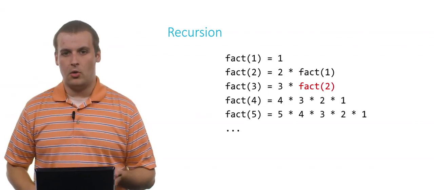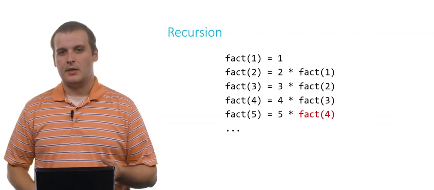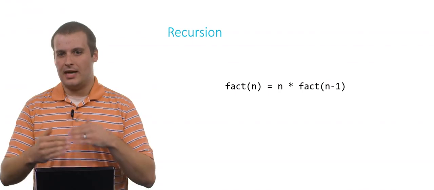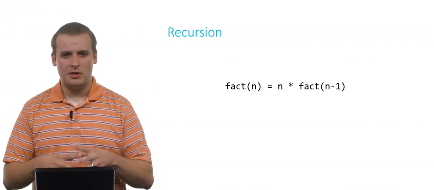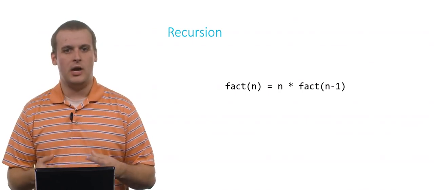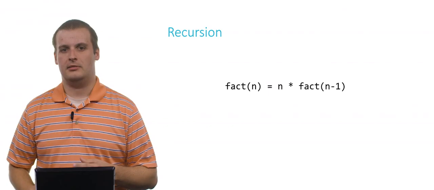And the factorial of 4 is 4 times the factorial of 3, and so on? In fact, if we carry this out forever, we can generalize the factorial problem as n times the factorial of n minus 1. It's n times the product of all of the numbers less than me. This idea, this generalization of the problem, allows us to recursively define the factorial function.